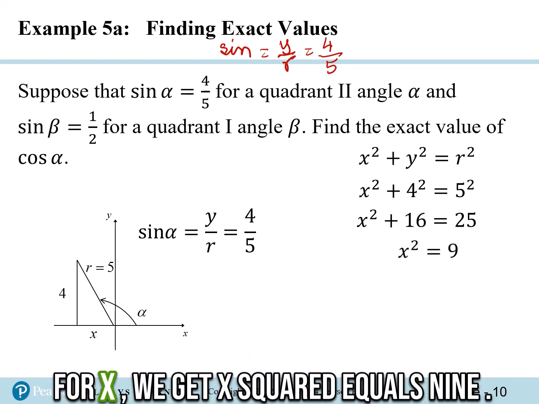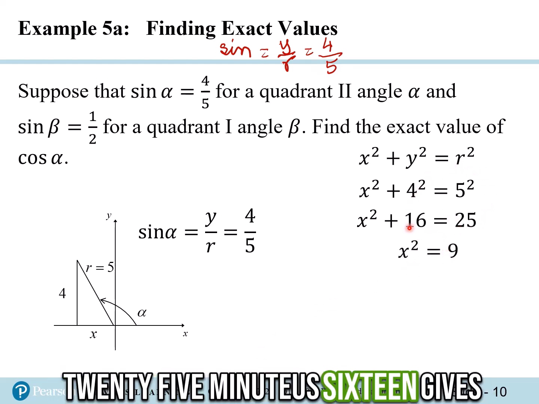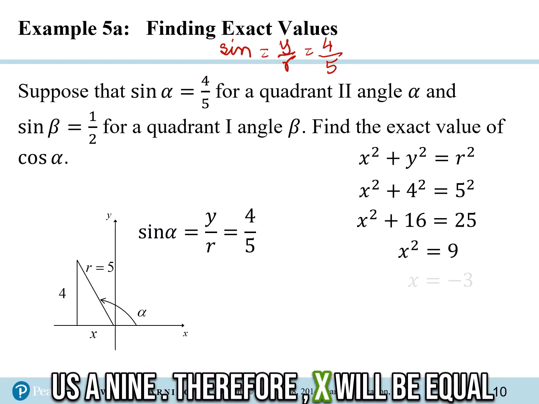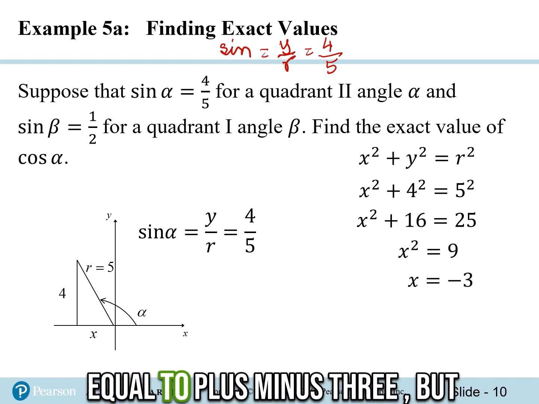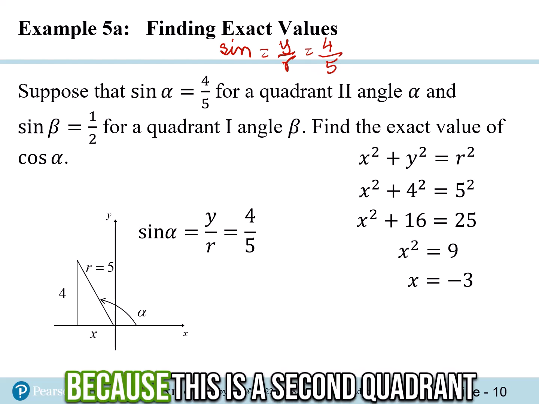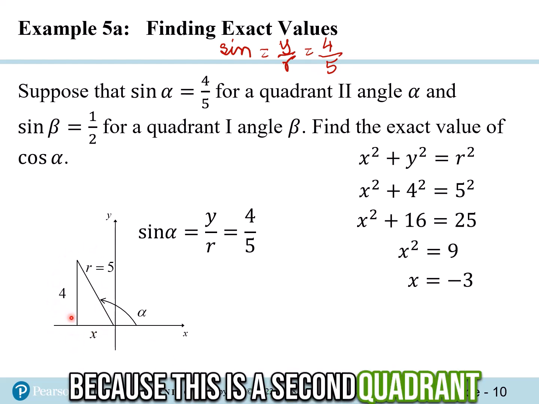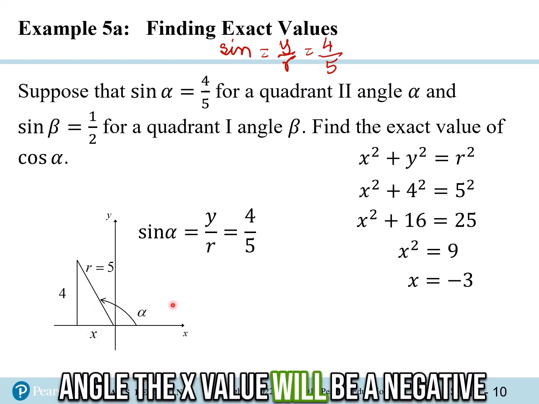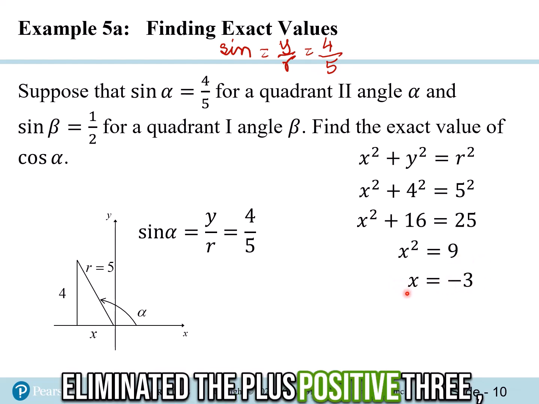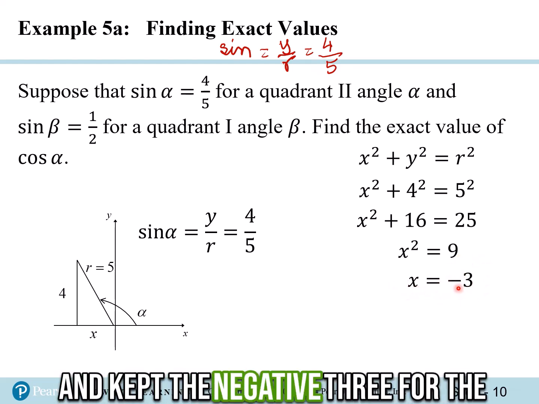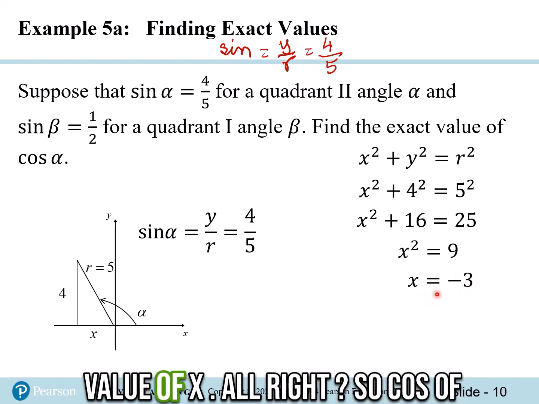Solving for x, we get x squared equals 9. 25 minus 16 gives us a 9. Therefore, x will be equal to negative 3. Now, x would be equal to plus or minus 3, but because this is a second quadrant angle, the x value will be a negative 3. Therefore, they have eliminated the positive 3 and kept the negative 3 for the value of x.